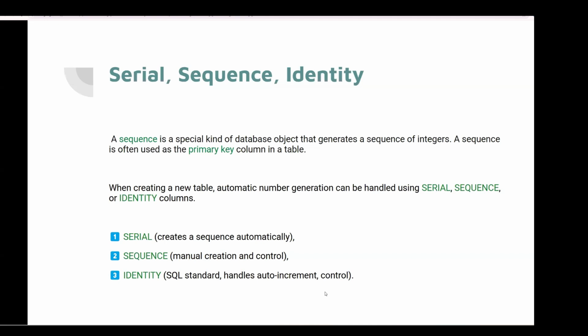So when creating a new table, automatic number generation can be handled in three ways: using serial, sequence, or identity columns. First is serial. It creates a sequence automatically. Sequence requires manual creation and control. Identity is a SQL standard. It handles auto increment and control. So let's see one by one. Let's start with the serial.